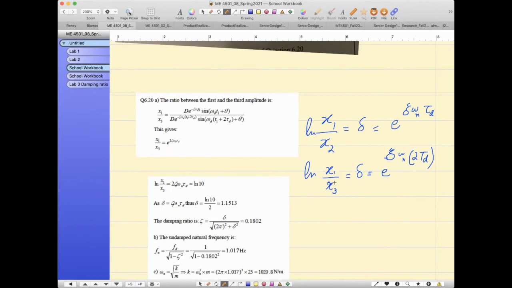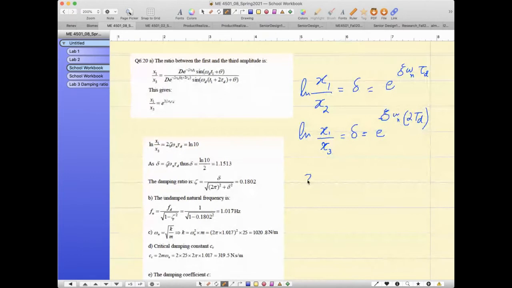So if you make a sequence, like if I ask you x1 to xn, the logarithmic decrement would be e to the zeta omega n (n minus 1) tau d.